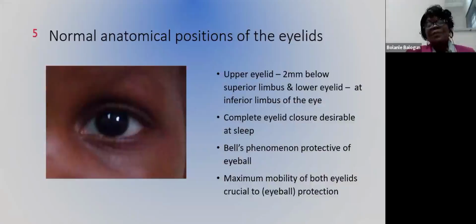And that is very important, because if the eyelids are not properly closed at sleep, we all know there's the risk of exposure keratopathy and the subsequent complications. It's also important that the eyelids are mobile, because they play functional, physiological roles. Their mobility helps to keep the corneal surface wetted.